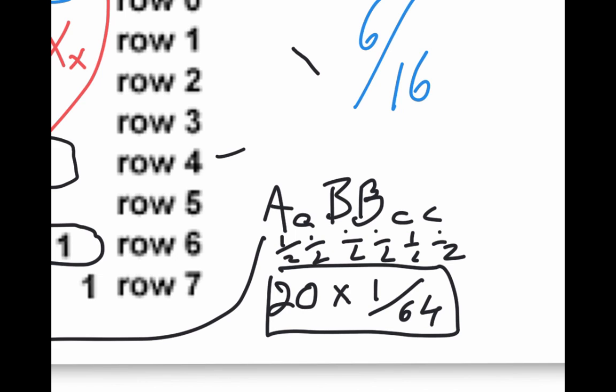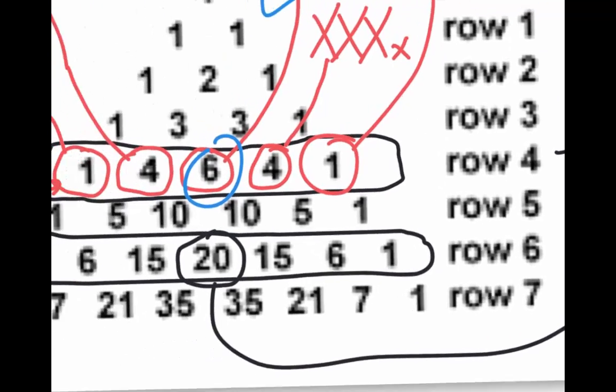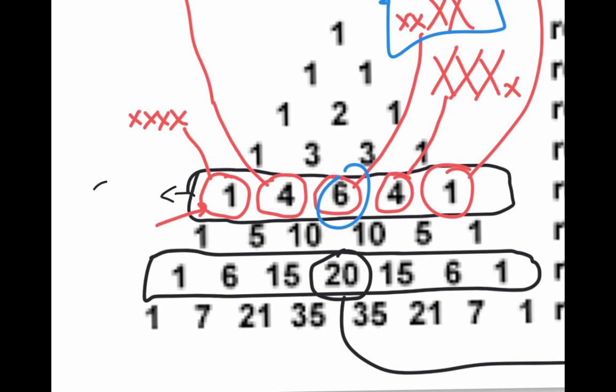That is for all the possibilities of having 3 alleles of one type, the large type, and 3 alleles of the small case type. There is a funny thing to notice about the Pascal triangle, which is that if you take the sum of all these, you get 16 in this case, which is exactly your denominator.